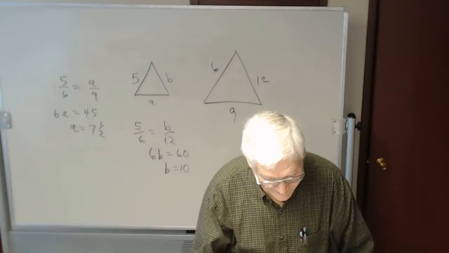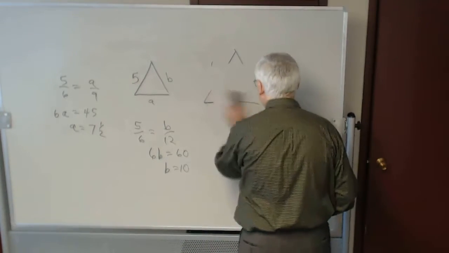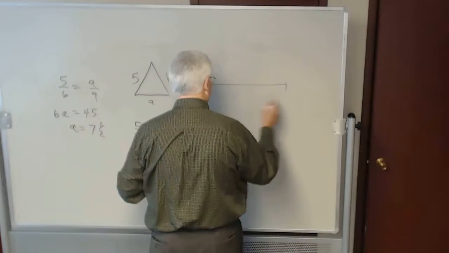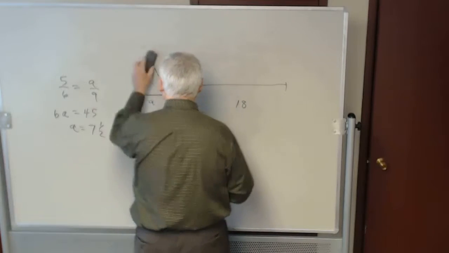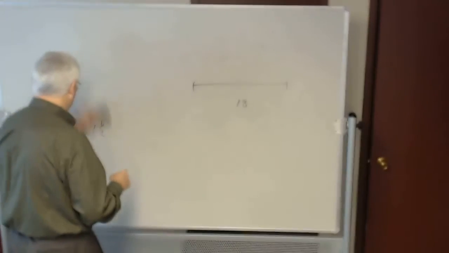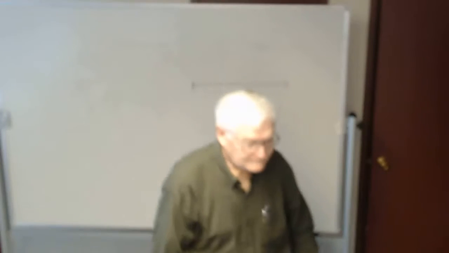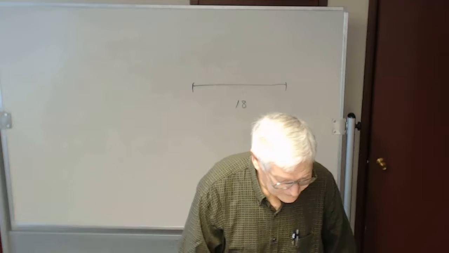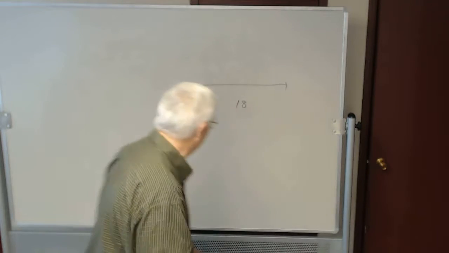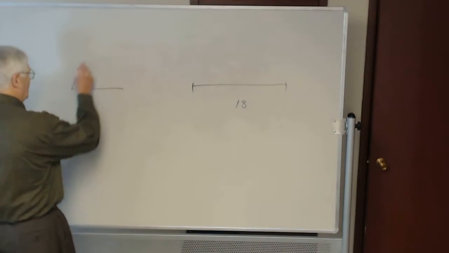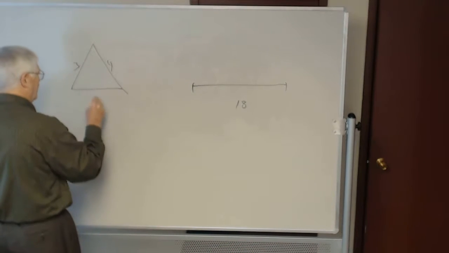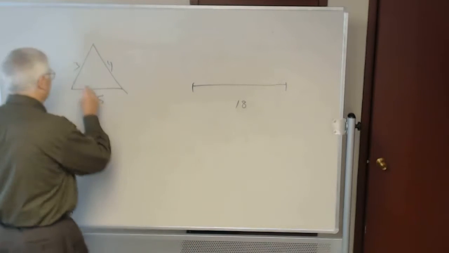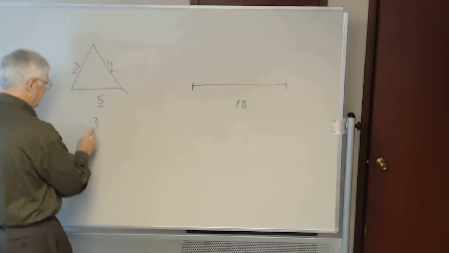Jackie has a piece of wire 18 inches long. Here's her piece of wire, 18 inches long. And what does she want to do? She wants to bend it into a triangle similar to a triangle whose sides are 3, 4, and 5. So wait a minute, what's 3 plus 4 plus 5?